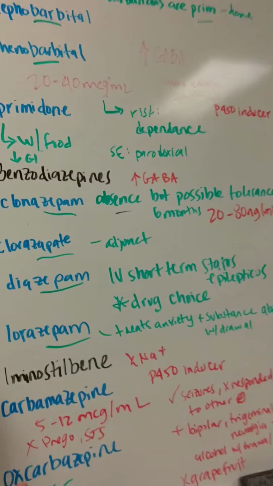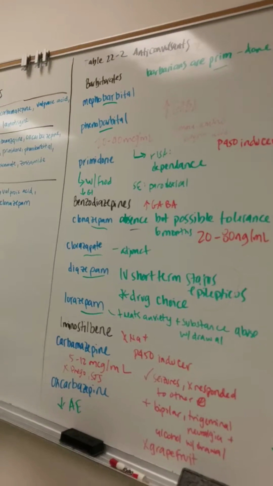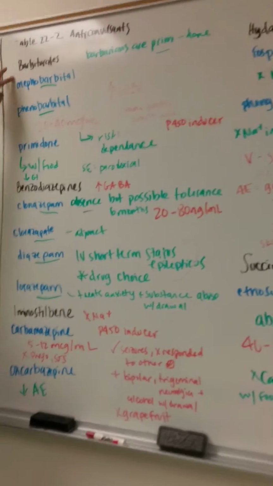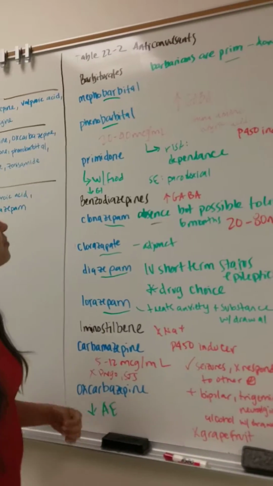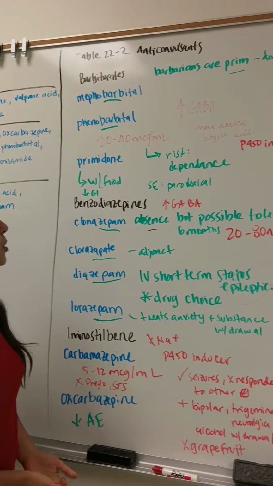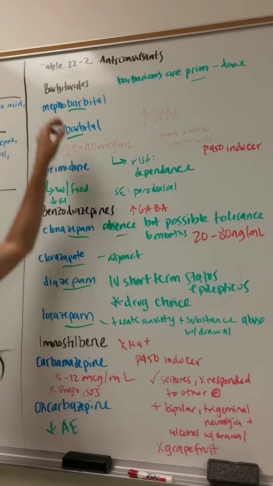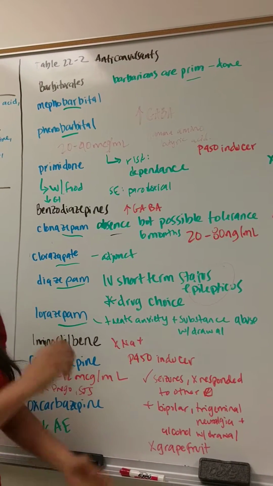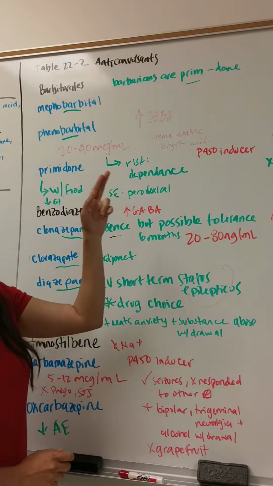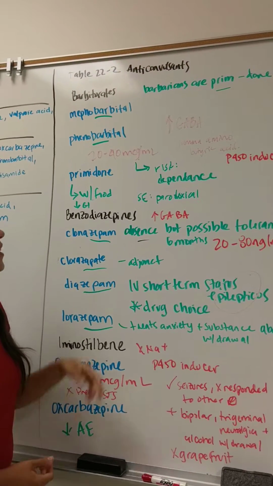The first class, this is table 22.2, the purple box that the book has, are barbiturates: methylbarbital, phenobarbital, and primidone. The way I remember them is that they're barbiturates, like barbarians, so they're going to have barb, and then primidone.